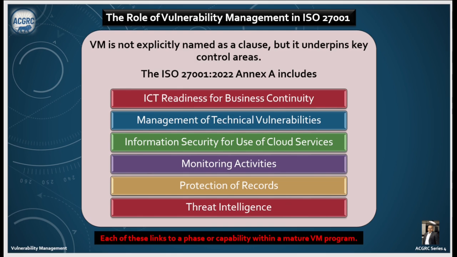And the last step is monitor and improve, which is tracking the metrics, closing the gap, and preventing recurrence. If you put it in a simple line, vulnerability management is a core engine that powers ISO 27001's risk-based approach by identifying, managing, and fixing technical weaknesses before they become a real threat.